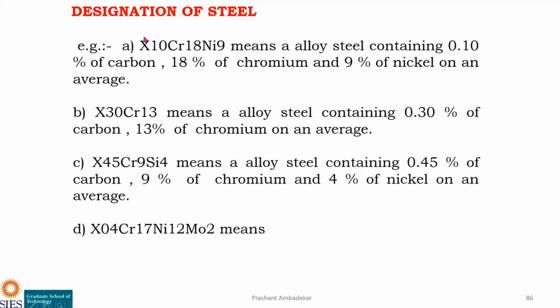So you can see there is a letter X here. This letter X helps us to understand that it is a high alloy steel. But this letter X may not always be present. You can read it by skipping the letter X. What is it? 10, Cr 18, Ni 9. So when I say it like this, then there is no letter X, and I am still able to understand.